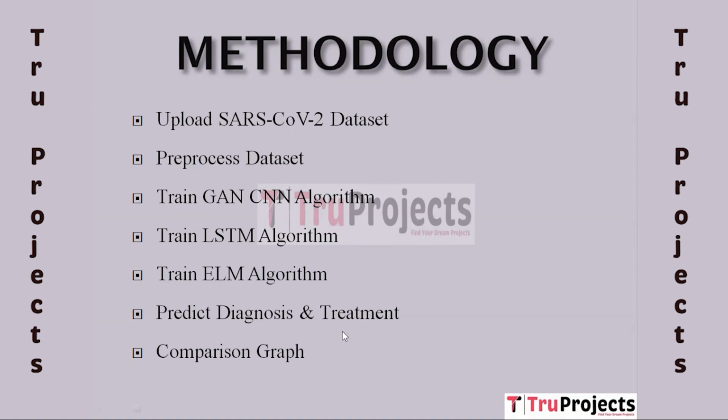Using this module, we will upload test image and then the model which outperforms other models will predict whether that CT scan image is normal or contains COVID symptoms, and if COVID detected, treatment details will be displayed. The last module is comparison graph. Using this module, we will plot accuracy comparison graph between all algorithms.